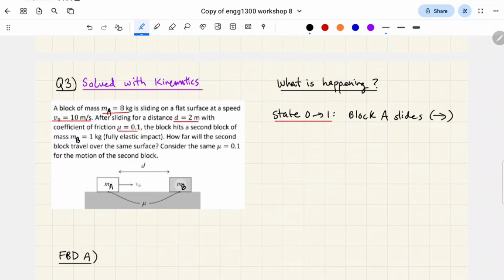Then between state 1 to 2, that's when blocks A and B collide. You're told that mass B is 1 kilo and that it's a fully elastic impact, which is another way of saying that e is 1.